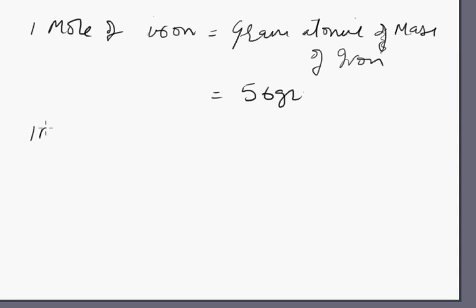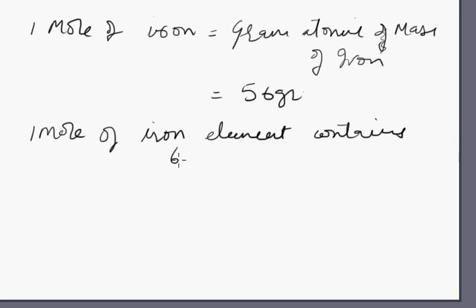Now we know that 1 mole of iron element contains 6.023 into 10 to the power 23 atoms.